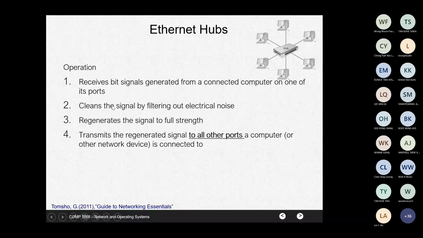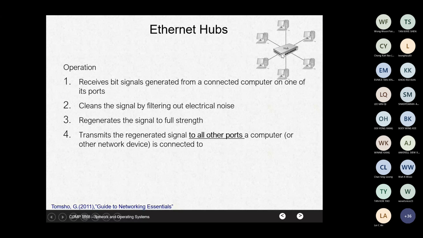Then the hub cleans the signal by filtering out electrical noise. That is what is happening inside the hub here. There will be some cleaning, or noise filtration, electrical noise filtration, and then it regenerates the signal to full strength.